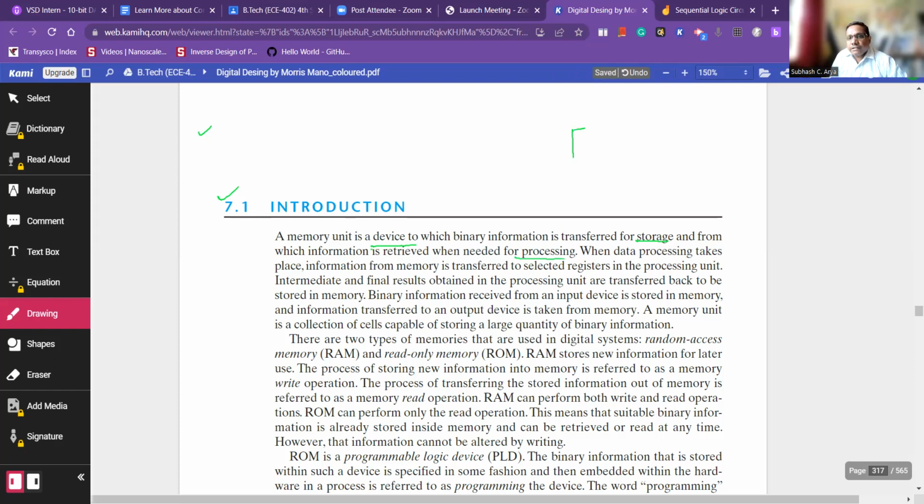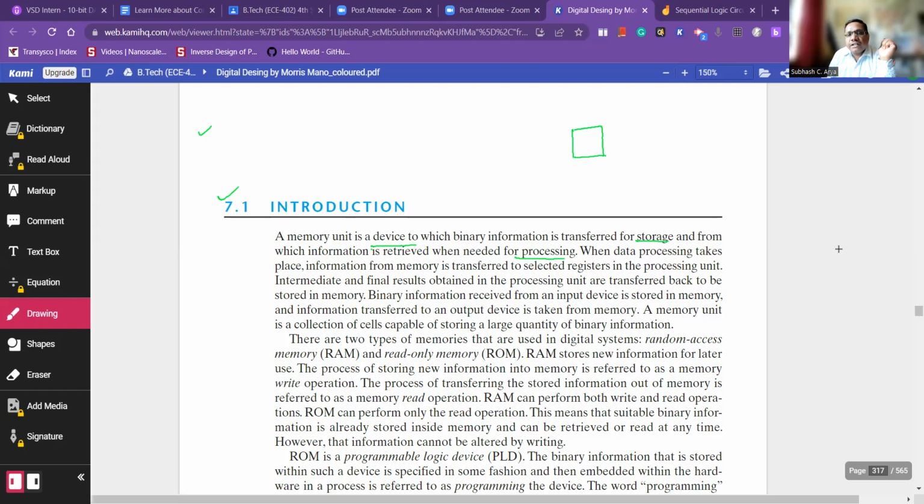It means there is a memory unit. This memory unit is an electronic device in which binary information is transferred.